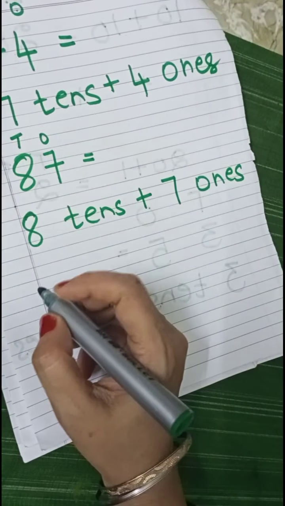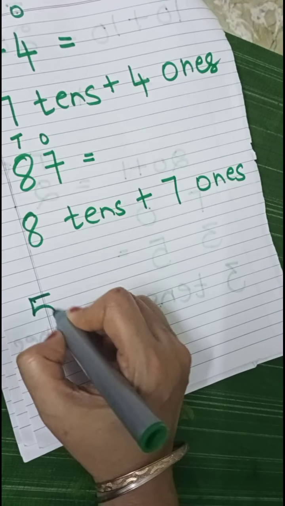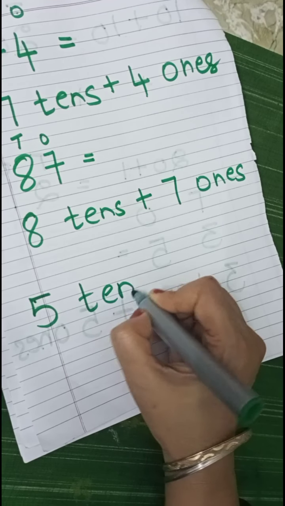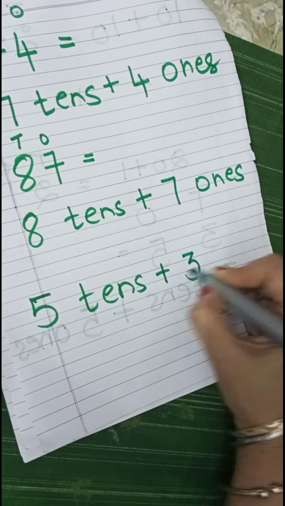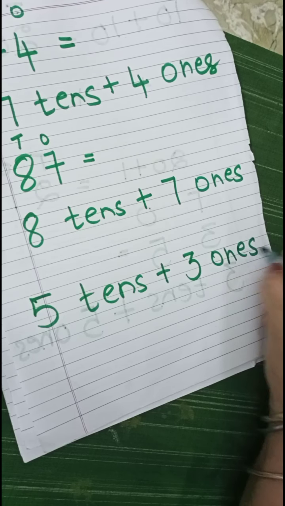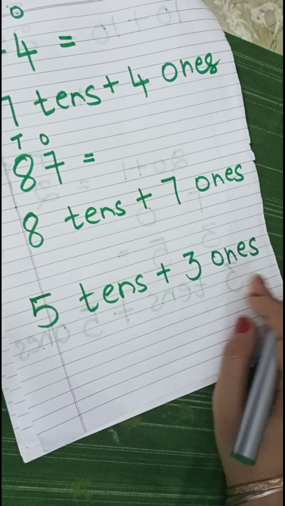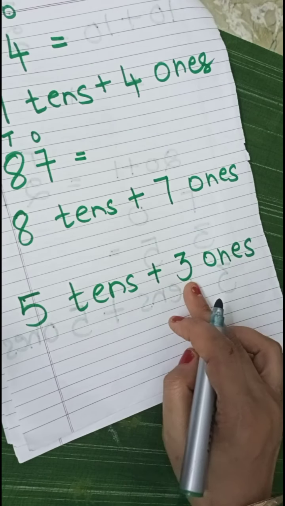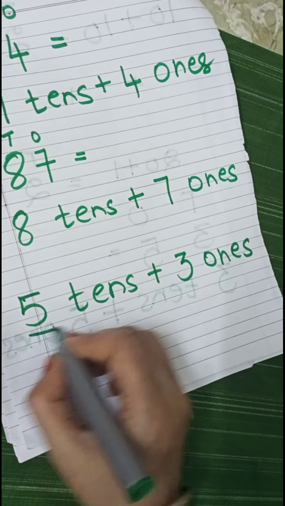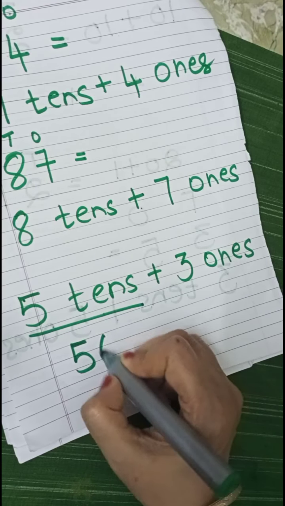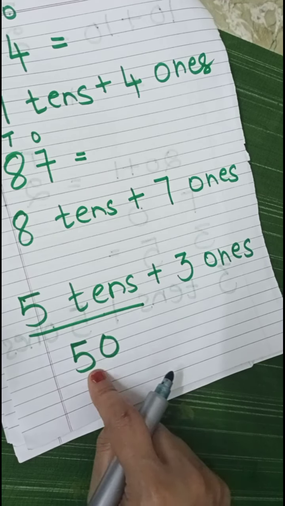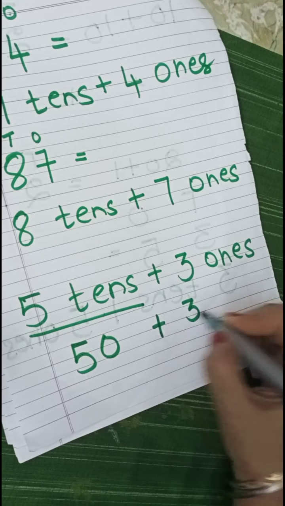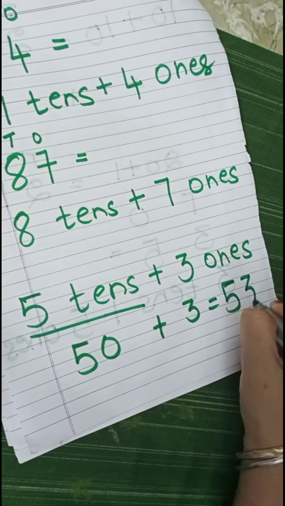So now the next example is 5 tens plus 3 ones. What does this mean? 5 tens and 3 ones. 5 tens means how much? 50. 5 tens is 50, plus 3, so 53.